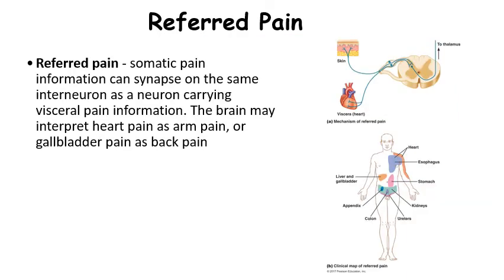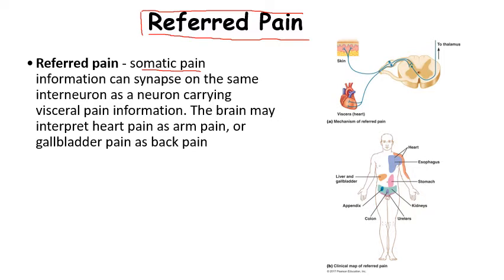So since these sensory pathways are multisynaptic, there are multiple neurons that make up the pathway, we can get a phenomenon called referred pain. This refers to sensory information coming from different somatic pain, it can be felt when there is a disorder in certain organs.